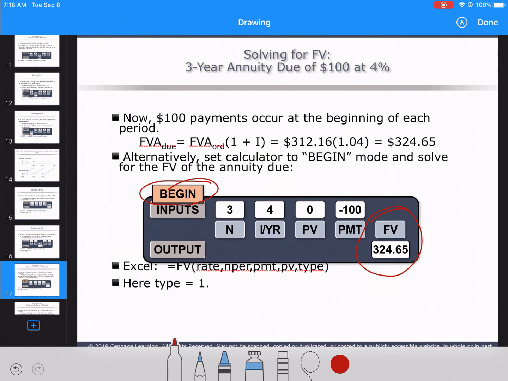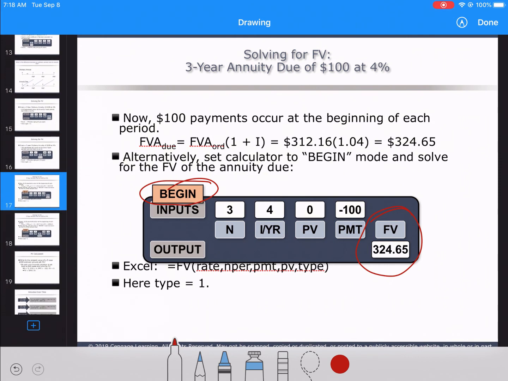I do not recommend changing end mode to beginning mode, because you may forget to put it back to end mode, and on your exam, most of the questions will be on the end mode.